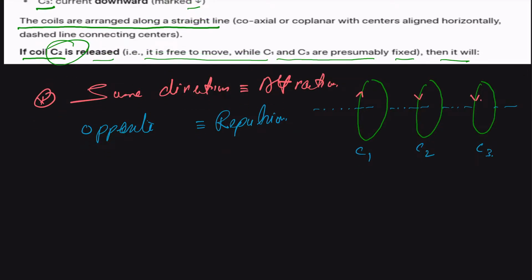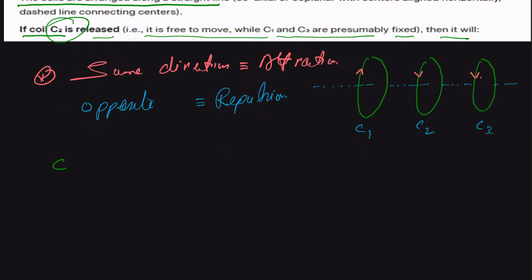So it means that C1 and C2 have opposite currents, so this will result in repulsion.